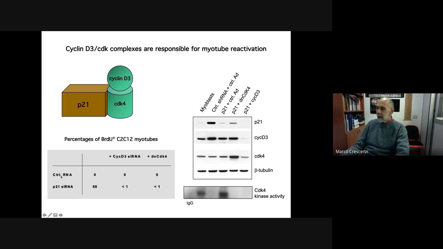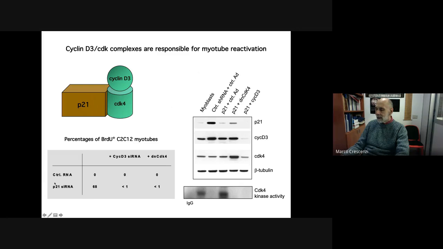Of course, if we interfered with control siRNA, no myotubes re-entered the cell cycle. But if we interfered with P21 alone, 68% in this particular experiment of the myotubes re-entered the cell cycle, synthesized DNA. But if we interfere with P21 and cyclin D3, then this number went down to basically zero.